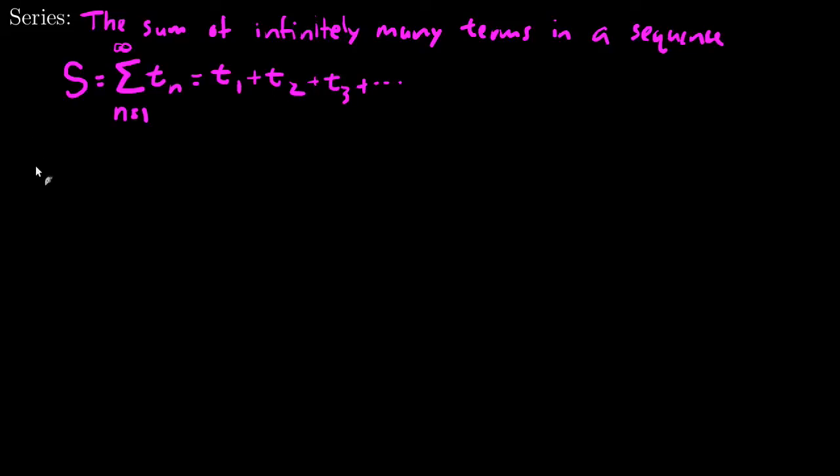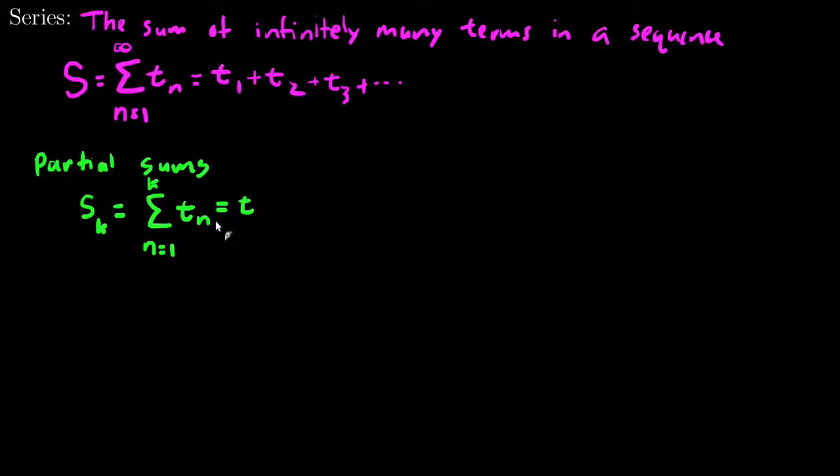And what we're going to do is look at partial sums. So instead of adding the infinitely many terms that we have, we can say that S sub k, the partial sum, is going to be the sum as n goes from 1 up to some stopping point k of t sub n.